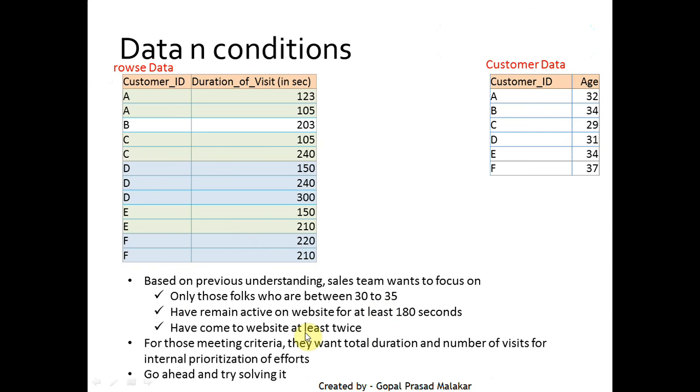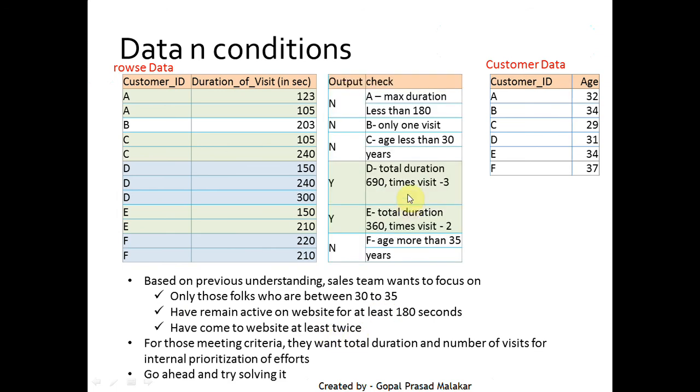Now these are the conditions that you had. Keep in mind, you will not like to take A. Why? Because for A the maximum duration was never 180. The maximum duration was 123, which is less than the criteria. So you will not like to keep it. You will not like to keep record B as well. Why? Because for B there is only one record.